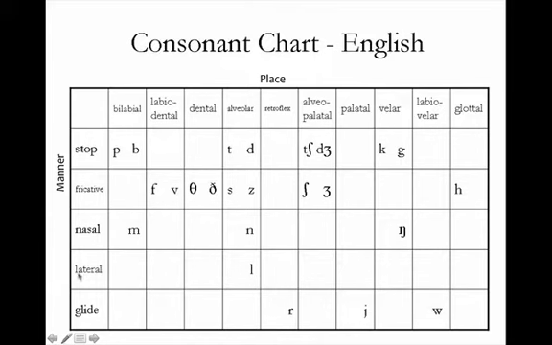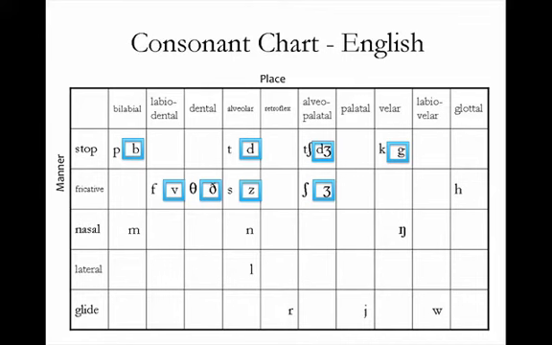The manner of consonant production is listed here on the left-hand side, ranging from stop plosives all the way to laterals and glides. And we will be talking about laterals and glides together along with what I also term as semivowels.